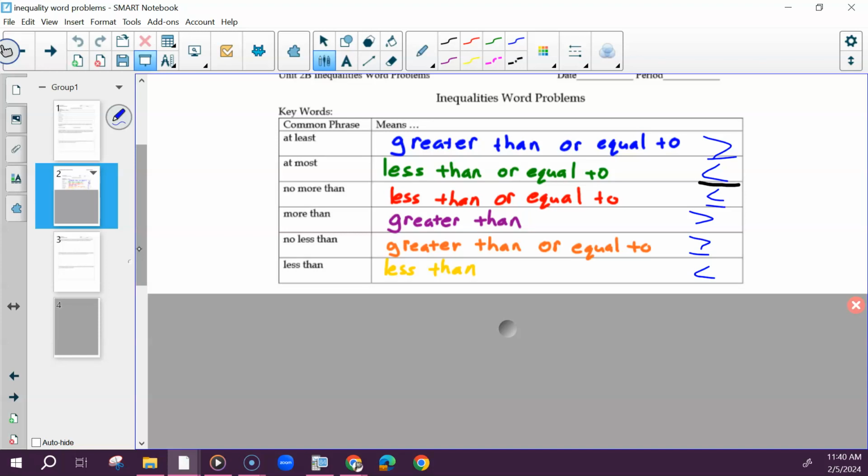Trying to give you different examples for each one, but my brain's not working on this one. That would be similar to an at least or more than scenario, and then less than, of course, is just less than. Keep in mind the signs that go with these. In this case, less than is not your subtraction, unless you see it twice. Then it is your subtraction.